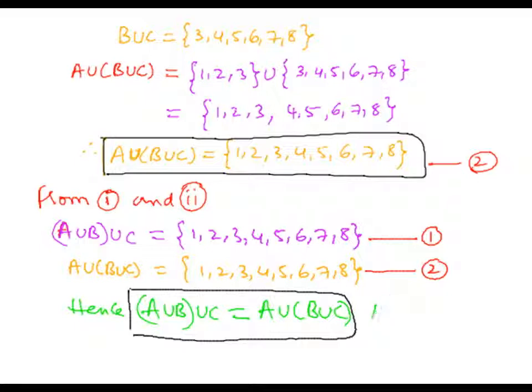The associative property of three sets under union holds good.